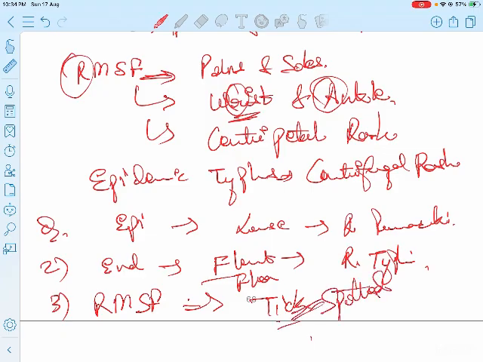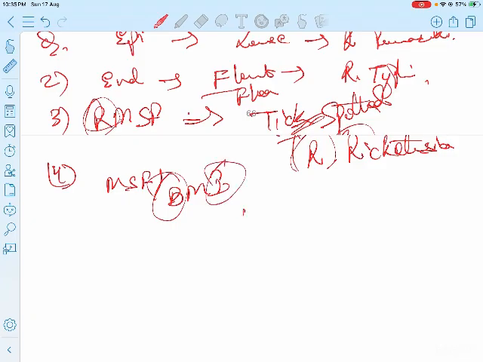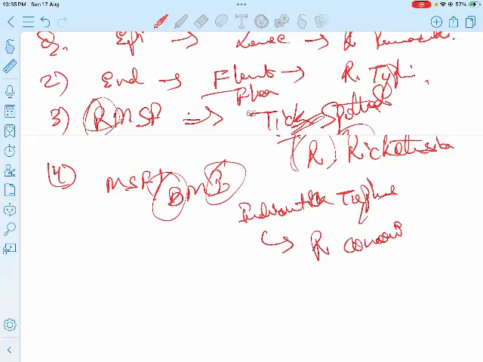So Rickettsii is the causative organism. R for R is how we remember it. Then your Mediterranean spotted fever, we use the mnemonic BMI, Bhutanese and Indian tick typhus. Now Indian tick typhus is caused by Rickettsia conorii.